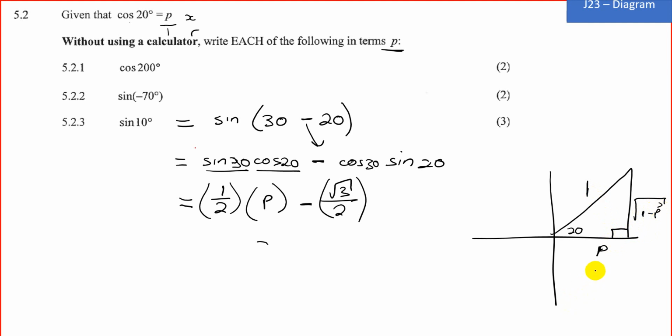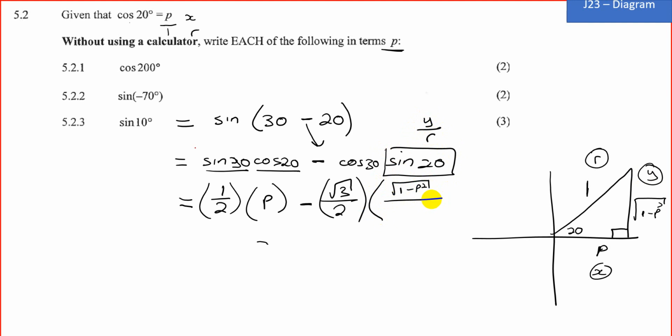So if we summarize, our x value is P, our r value is 1, and our y value is root of 1 minus P squared. The reason we did that is because we need to find sine 20, and we know sine, by definition, is y over r. So the y value is the root of 1 minus P squared all over 1.